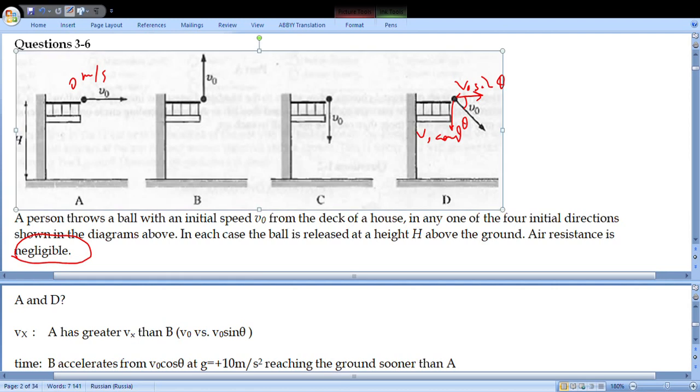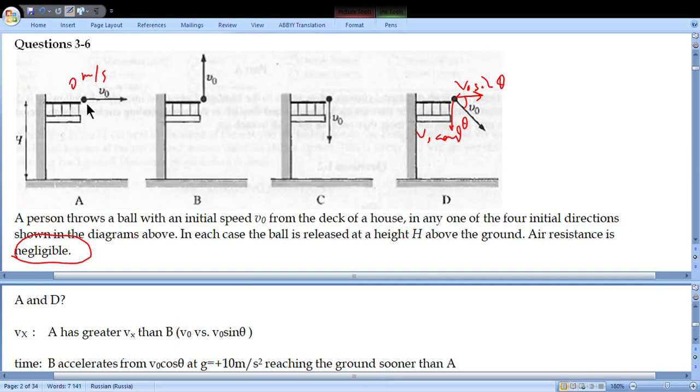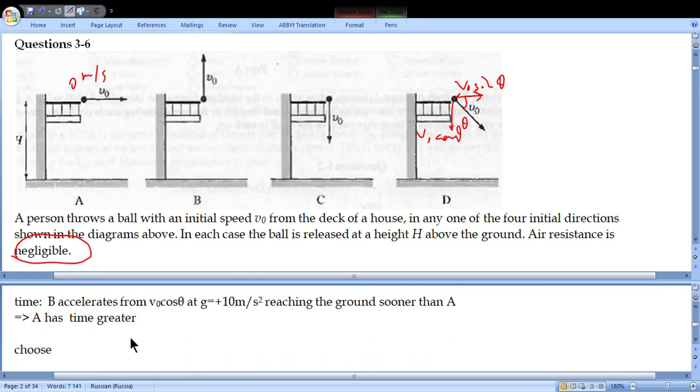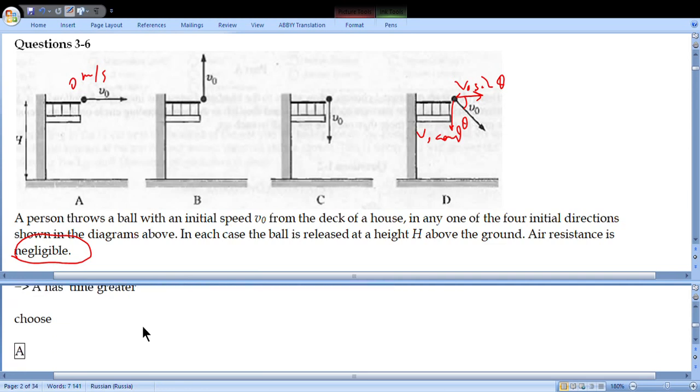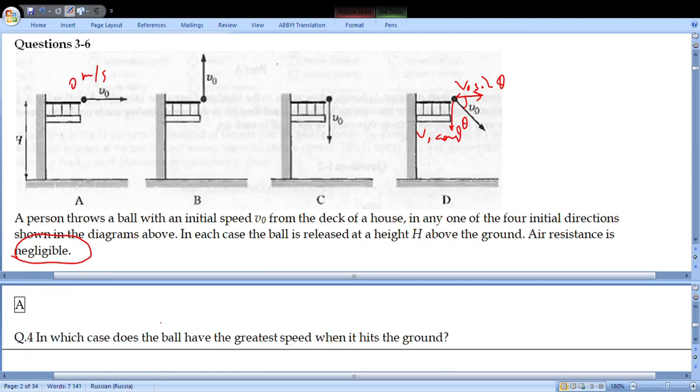In both cases we have acceleration 10 meters per second squared, but in A the object moves at higher initial speed. So the time taken to reach the ground is greater in A than in D. As a result, the horizontal distance is greater, so we choose A. The horizontal component of speed is greater and the time is greater.